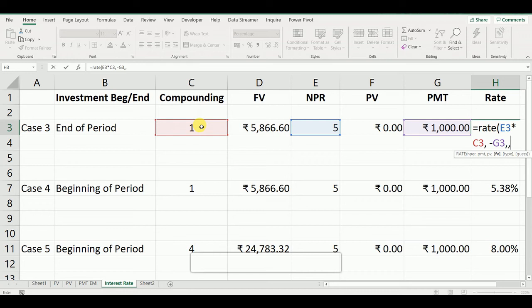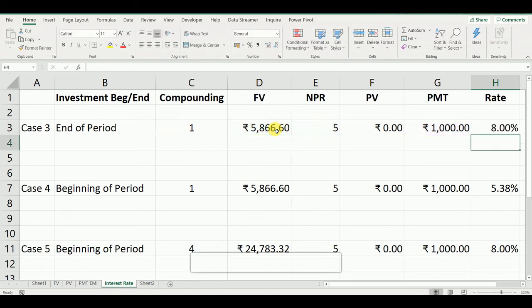Now we want to have 5,866. Now type is end of the period. Now comma, it is saying if you want to guess any amount, then it's okay, otherwise leave it blank. So we will leave it blank, brackets close and enter. So here we are getting 8% interest rate.